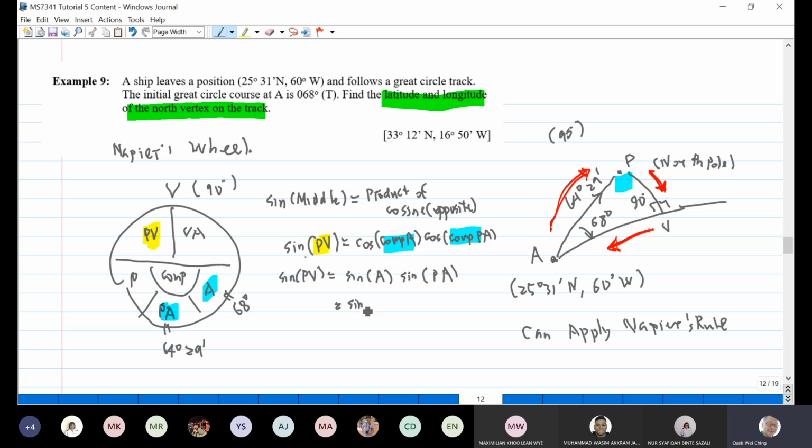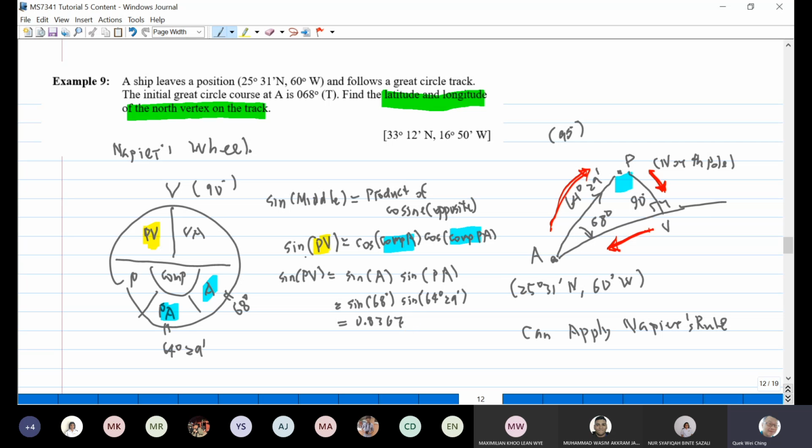So sine A is sine of 68 degrees, and sine PA is sine of 64 degrees 29 minutes. You calculate that, and you'll get 0.8367.